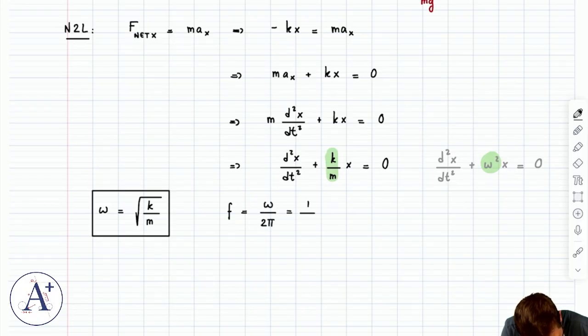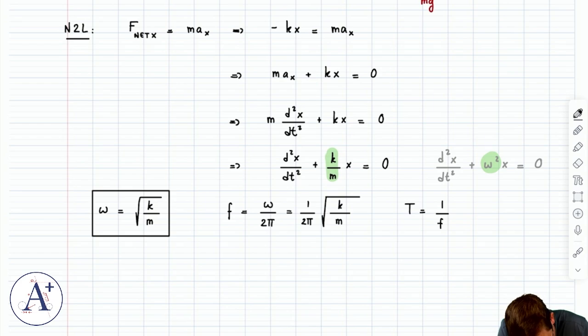So that's 1 over 2 pi times the square root of k over m. And then the period T is 1 over the frequency, so that ends up being 2 pi times the square root of m over k.